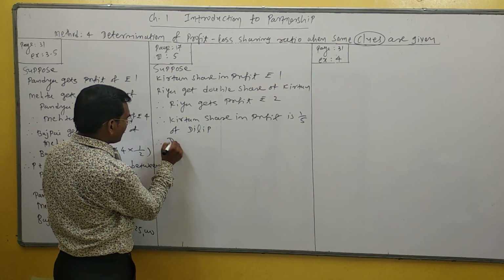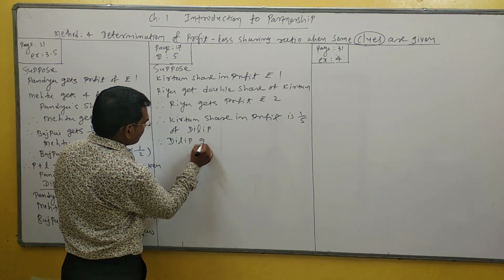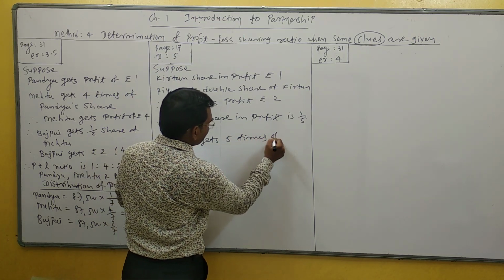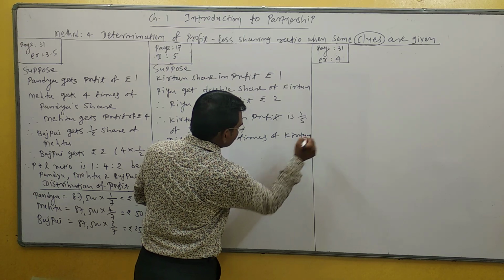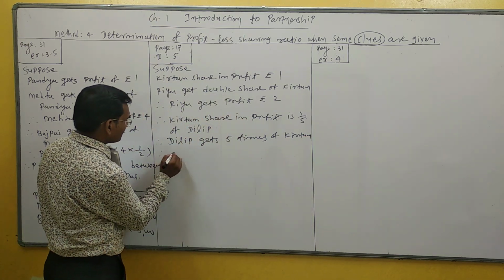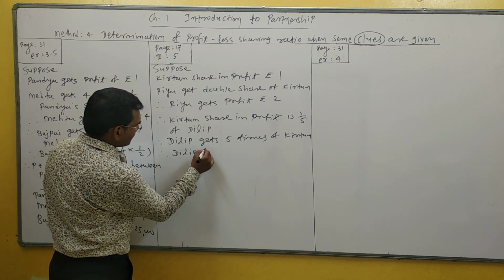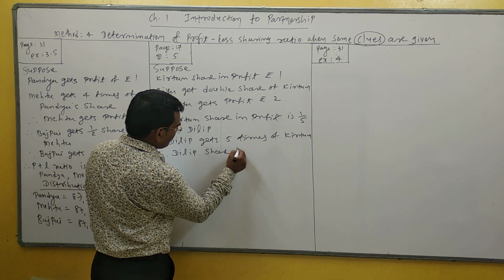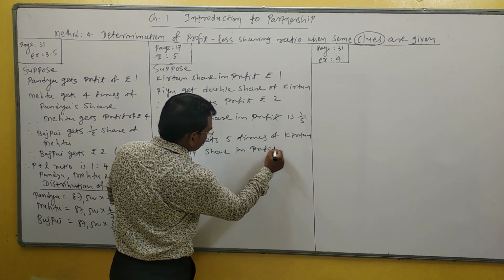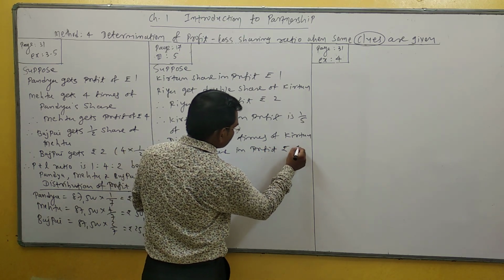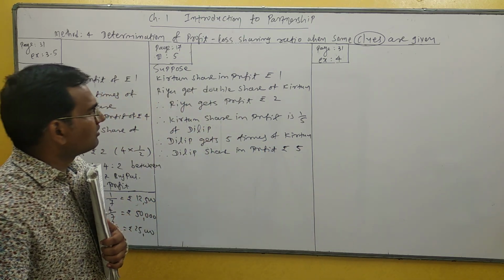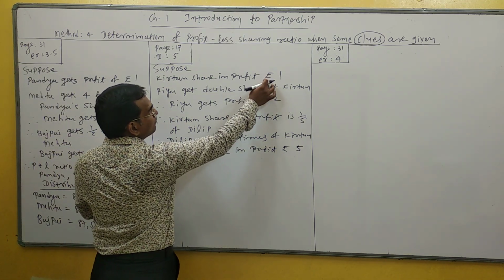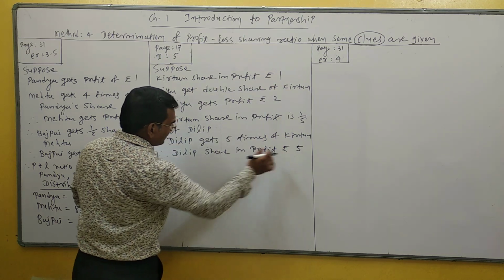So Dilip gets 5 times of Kirtan. So Dilip's share in profit is rupees 5. How to get 5? 1 into 5. Dilip gets 5 times of Kirtan's 1, that is 5.